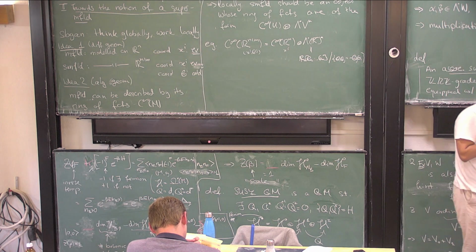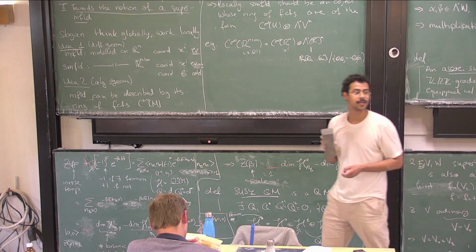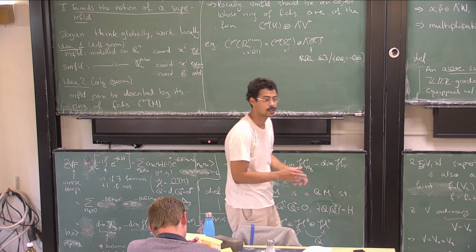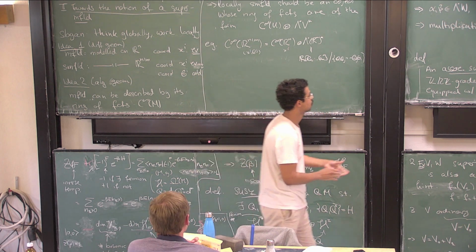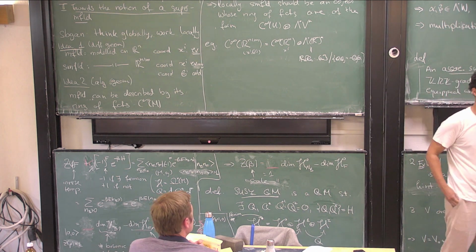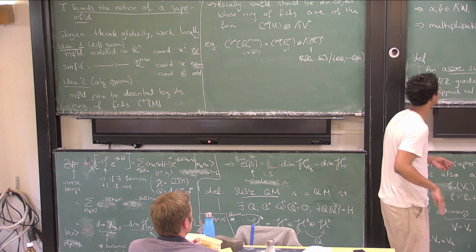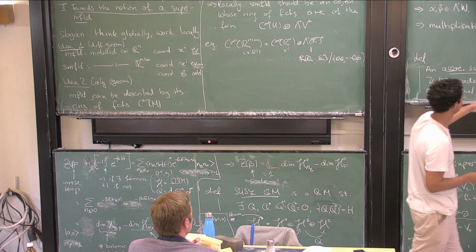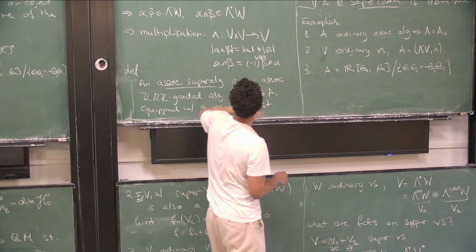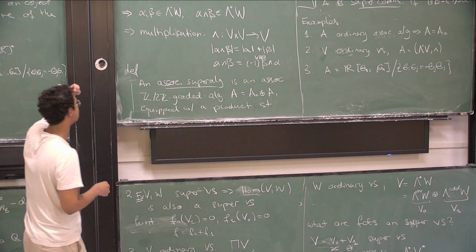Before you erase, just if my intuition is correct, should I think about the multiplication that you defined there as: I look at V, which is actually dual to some vector space, and then I'm trying to figure out the coordinates? Here you define some multiplication that behaves nicely with respect to your parity.